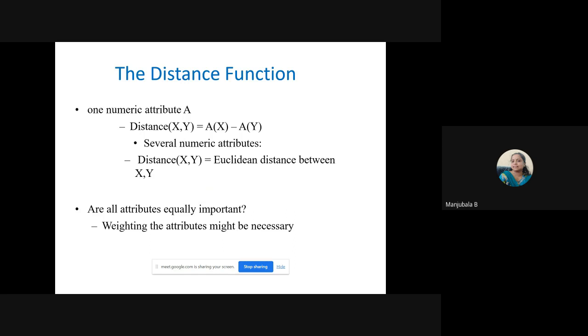Generally the distance function: suppose we have one attribute in the data. Then the distance between two points x and y is simply the attribute value for data point x minus the attribute value for data point y. If your data set has several numeric attributes, then for the distance between two points x and y, you can use the Euclidean distance or the cosine similarity.